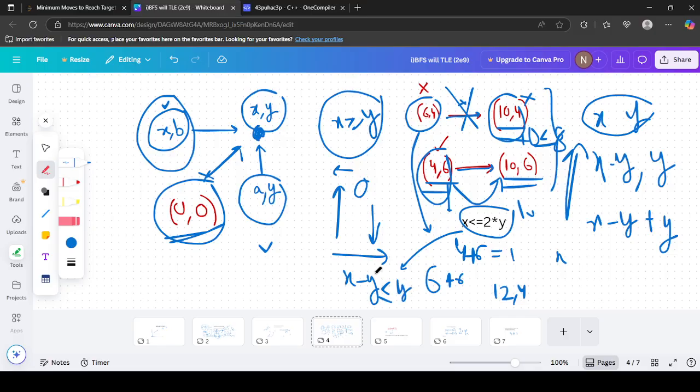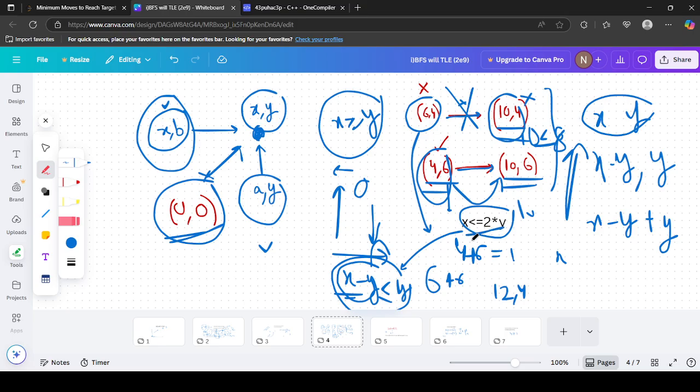Then x minus y can be a possible previous coordinate from where we have reached this, so that x minus y plus the maximum of both, which is y, gives x.